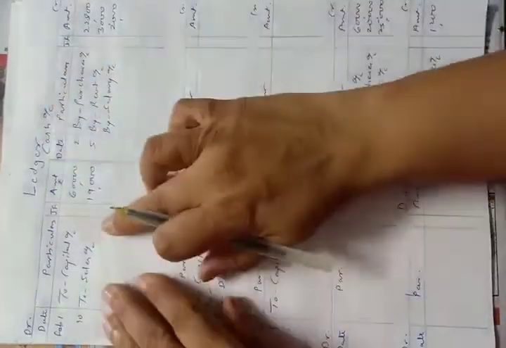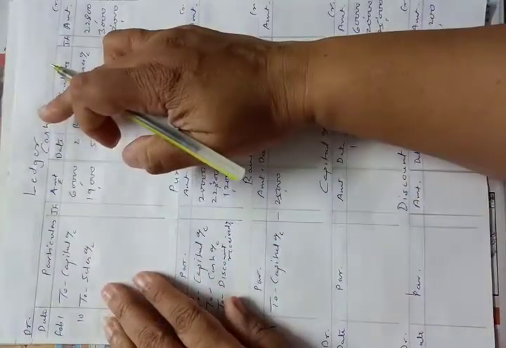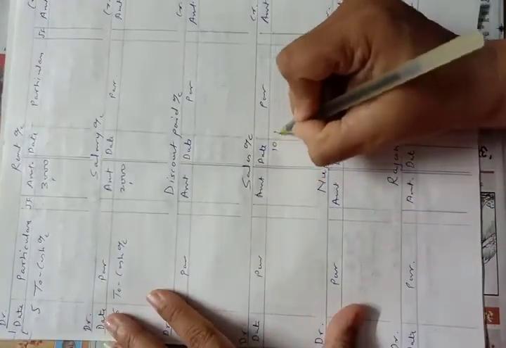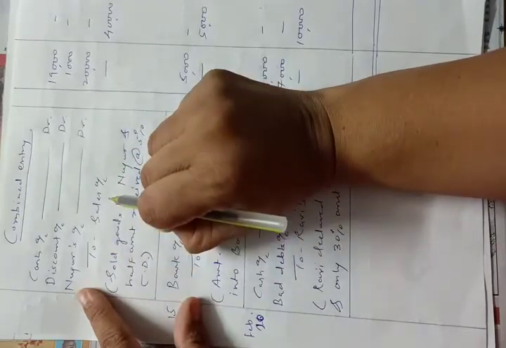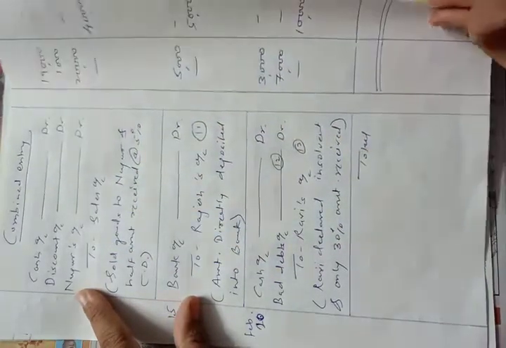So debit side of cash account to sales account 19,000. Second posting, credit side of sales account by cash account. Okay. Now discount account debit 1,000 to sales account means debit side of discount account we have to write to sales account 1,000. Okay, and this discount is discount paid account.